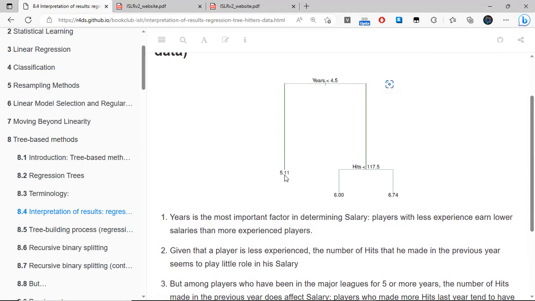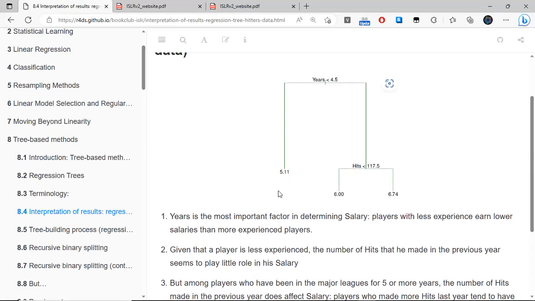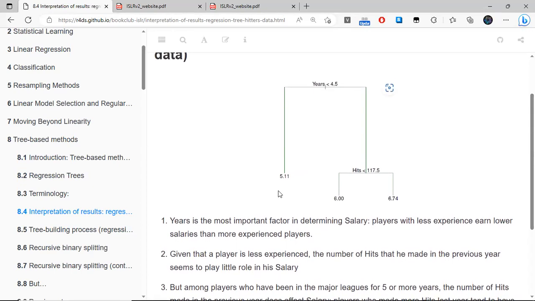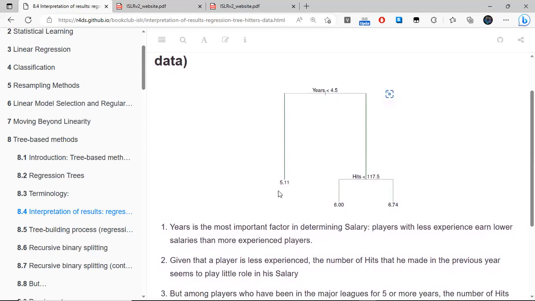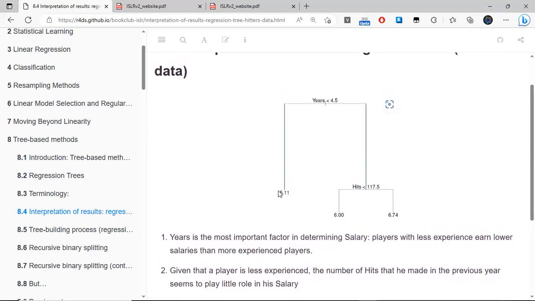Well, it would not be the average salary, it's the average log salary because for that diagram, there was a log transformation for the salary variable, just in order to make it more normal, like bell-ish.